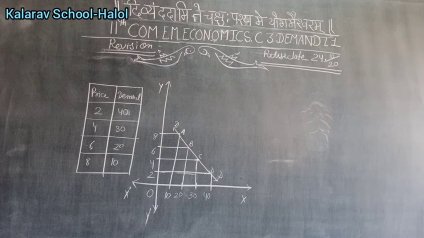Similarly, trouser and t-shirt, or pant and shirt, they are complements of each other. So many different examples are there. Pencil and eraser are complementary goods.